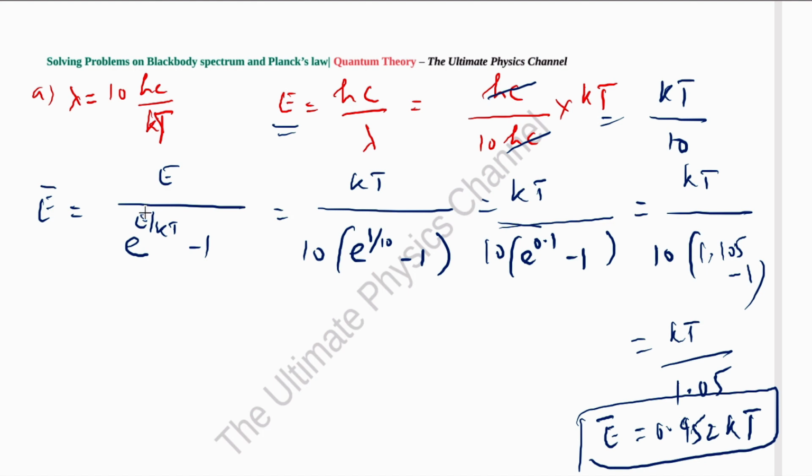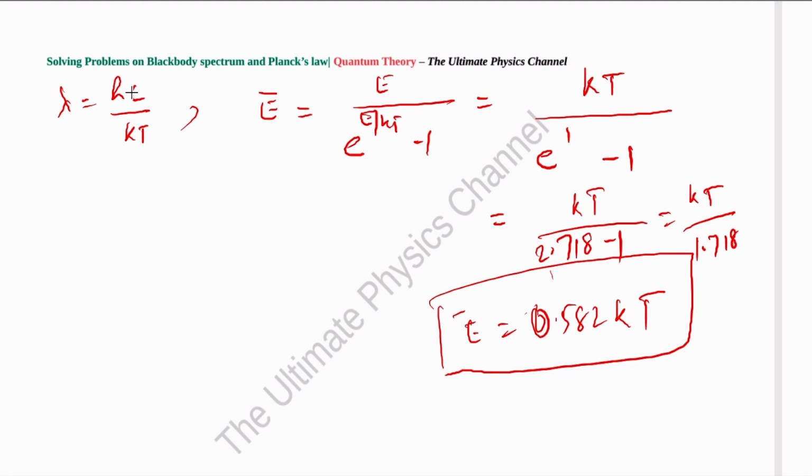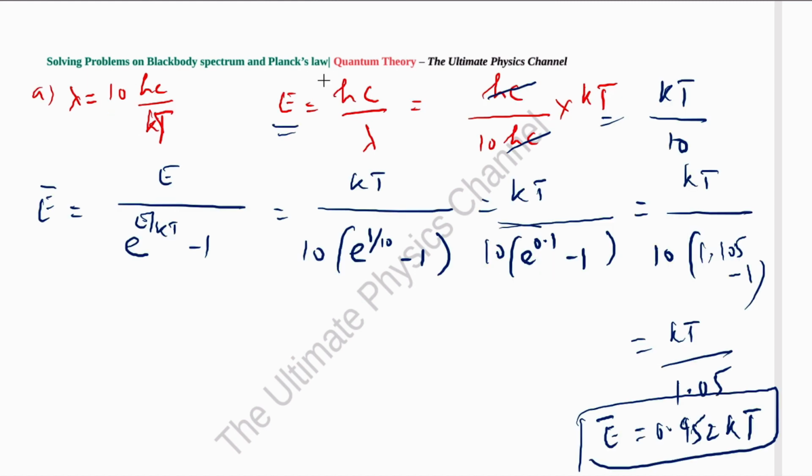This is for comparison. In the previous page we have done that calculation. If the wavelength is hc over kT, we get the average energy like this, and if the wavelength is 10 times, which is long wavelength, then we get average energy like this.